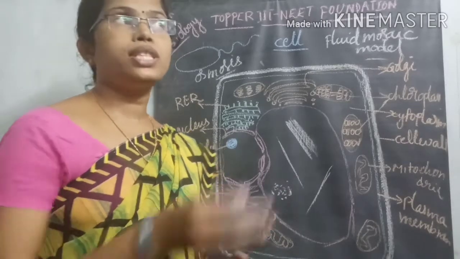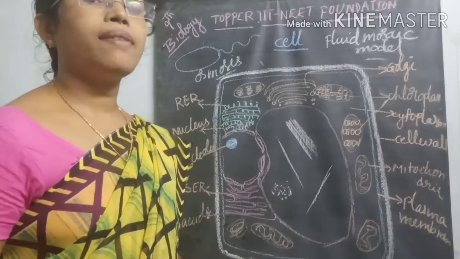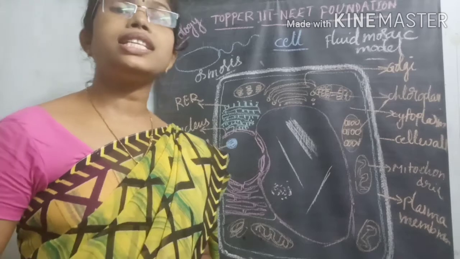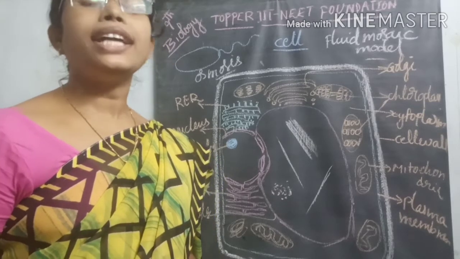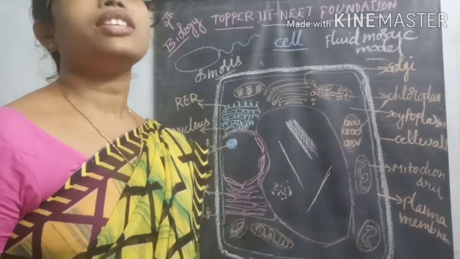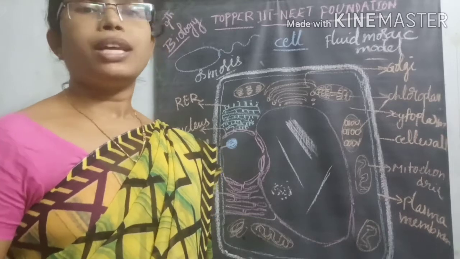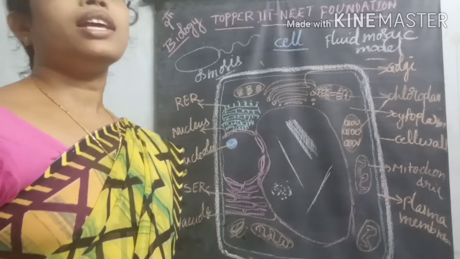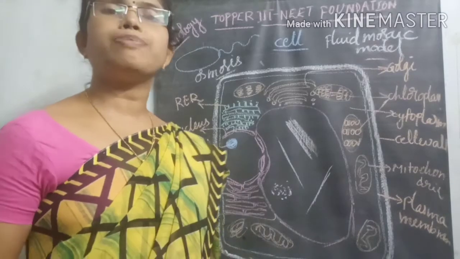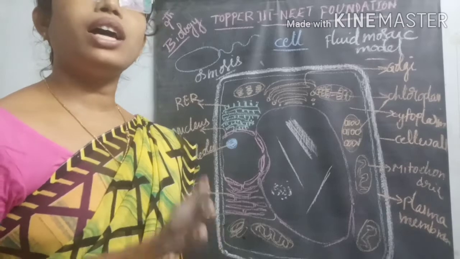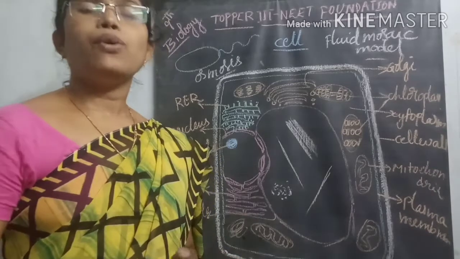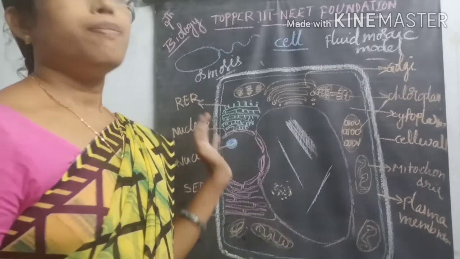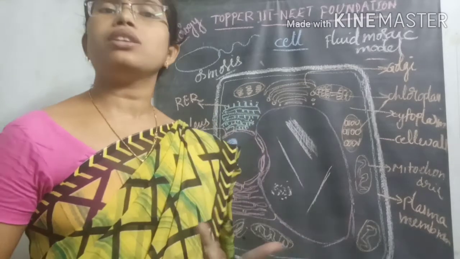For example, in fungi the cell wall is made of chitin. With the help of chitin the fungal cell wall is formed. And in algae, most of the material on the outer side of the cell wall is pectinaceous substances; pectin is present as the outermost layer.